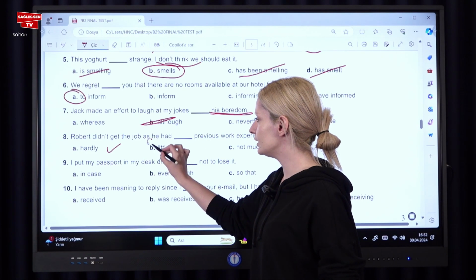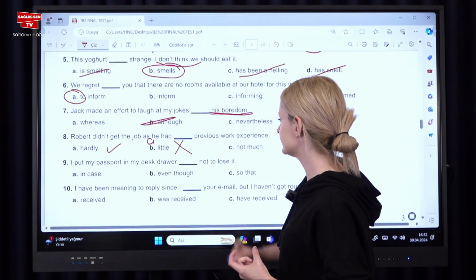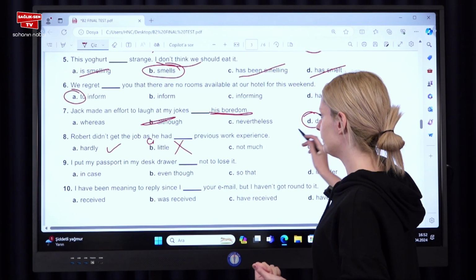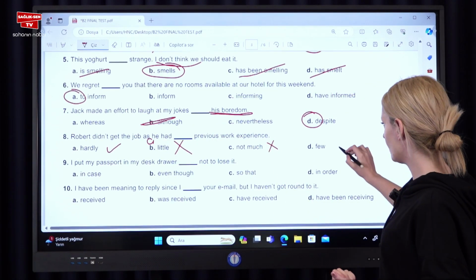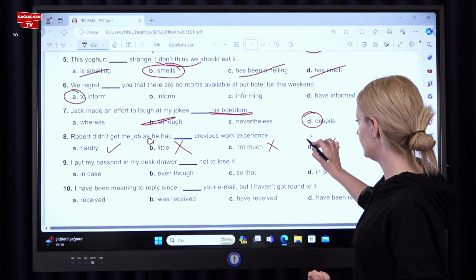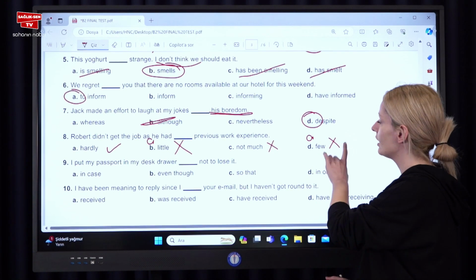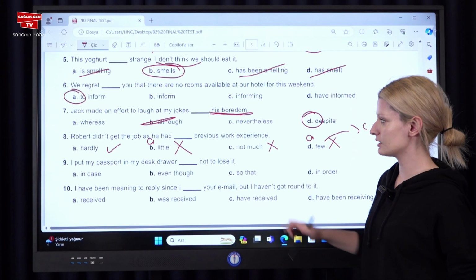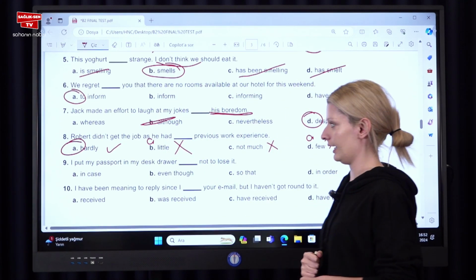It has to be used with a little. So it goes, he had not much. Maybe, but it's not as good as hardly. So I cannot use a few either. First of all, we don't have an e here, and we use a few with countable nouns. So the only option is A.